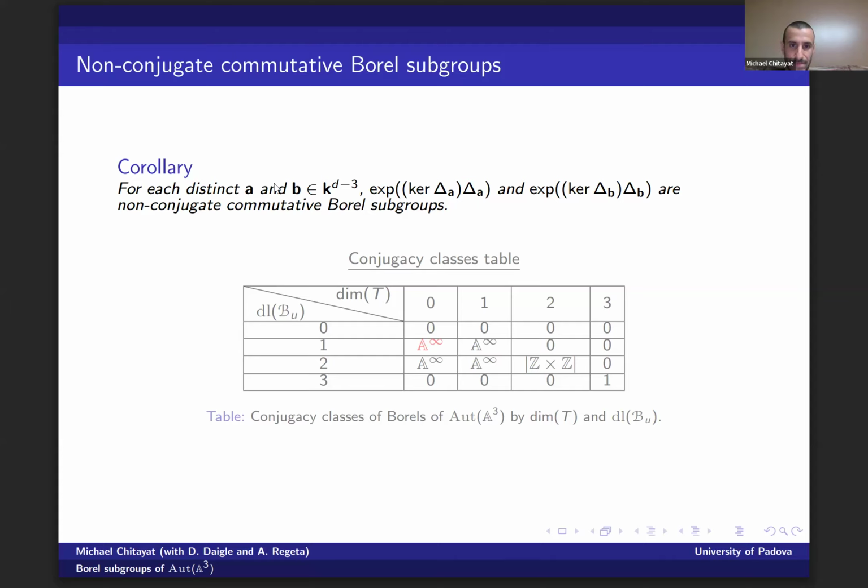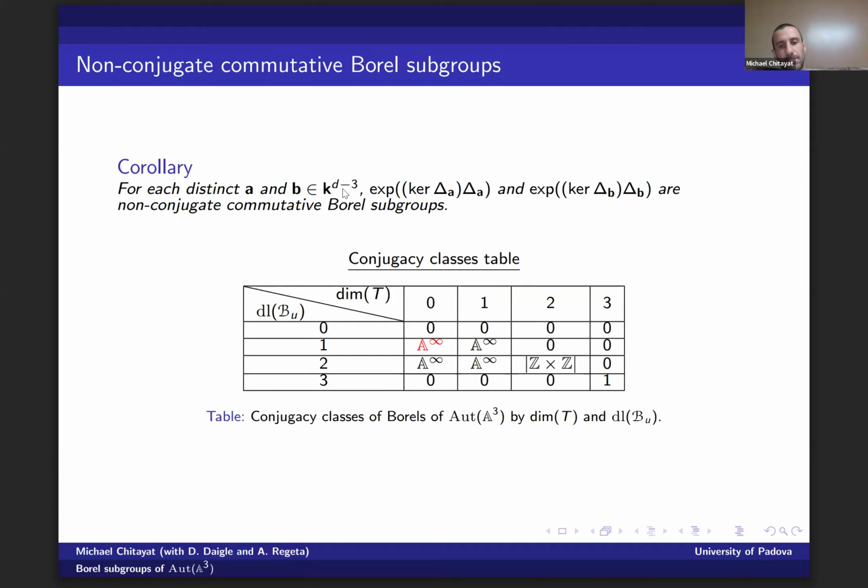And each of these derivations are, let's say, quote unquote, parameterized by affine space. So you have a family of derivations that can be parameterized by a variety of arbitrarily large dimension, such that for each point, you can associate a Borel subgroup and distinct points give you non-conjugate Borel subgroups.